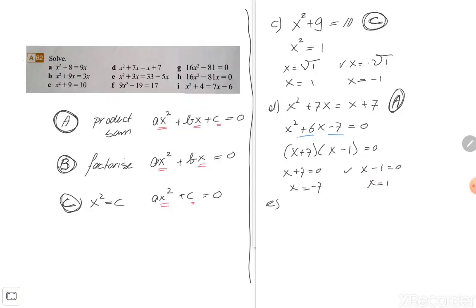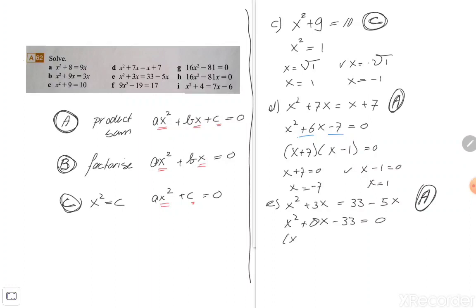Exercise E. x squared plus 3x is equal to 33 minus 5x. Okay, choose between A, B, or C. Yes, theory A. Why? x squared plus 8x minus 33, you can do those steps immediately, is equal to 0.